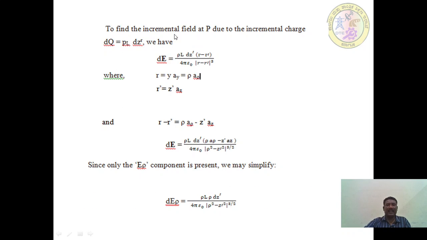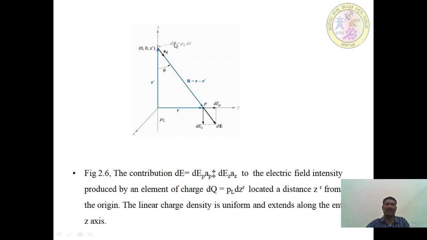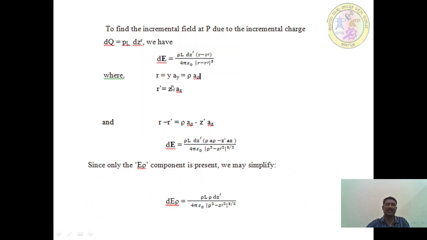Now to find the incremental field, or a small field, or a differential field, any name you can call it, at P due to an incremental charge dq. See here, dq is equal to rho L dz dash.